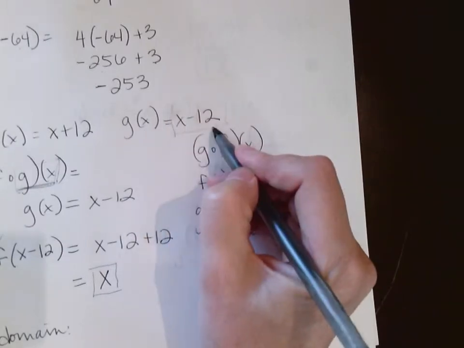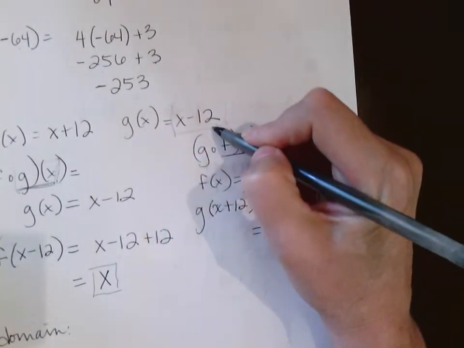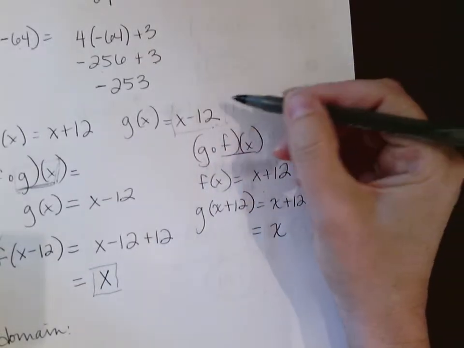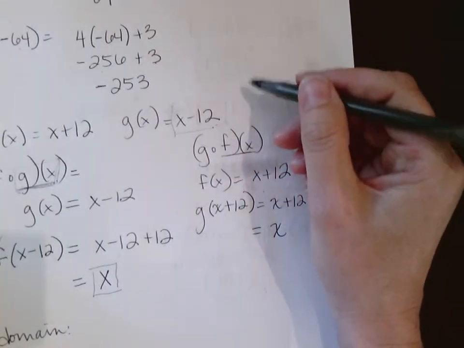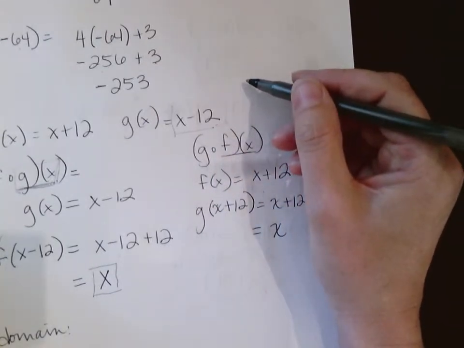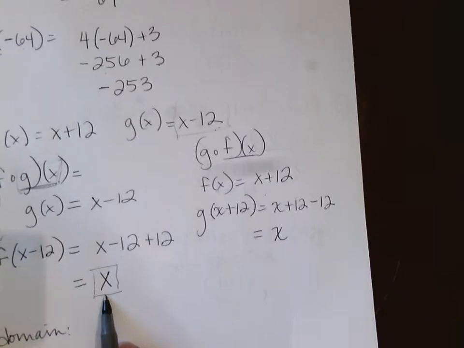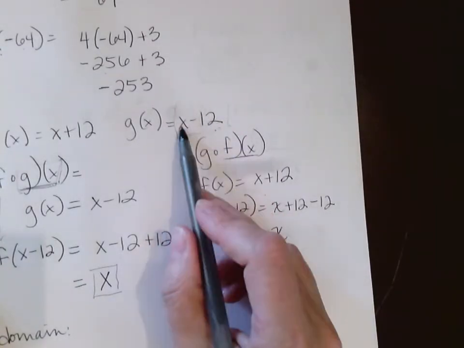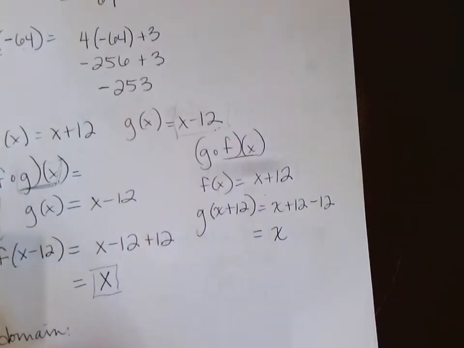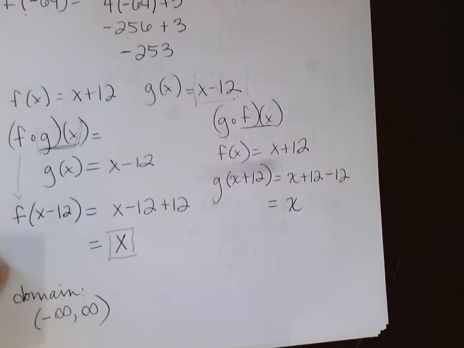Well, there's no restrictions in the domain there, because remember, restrictions come into place if you have a denominator that has an x, or if you have a square root with an x under it. That's going to give you things that x cannot be. So are there any restrictions with the plain x? No. Are there any restrictions with x minus 12? No. So the domain is negative infinity to infinity.